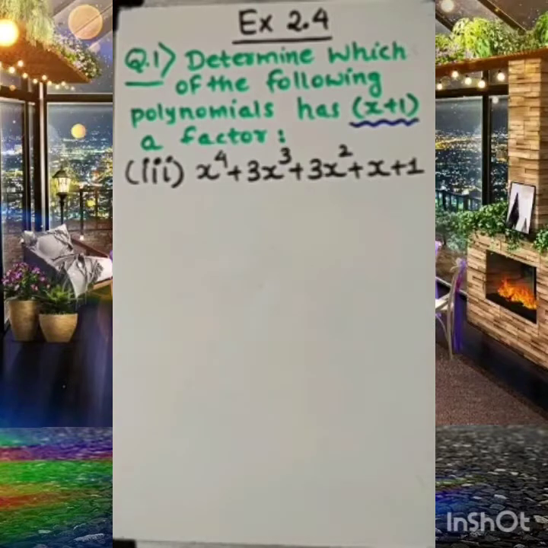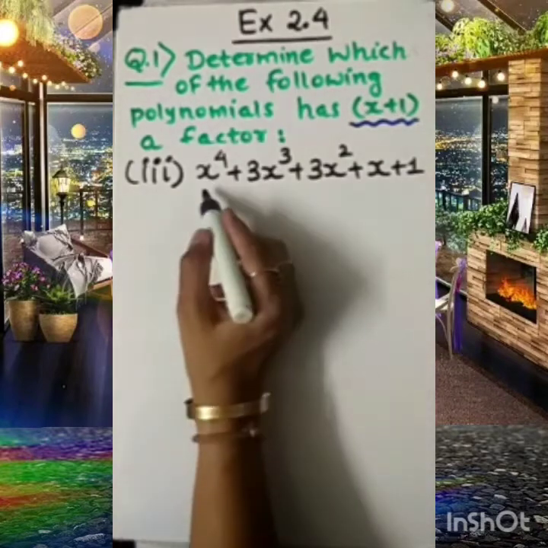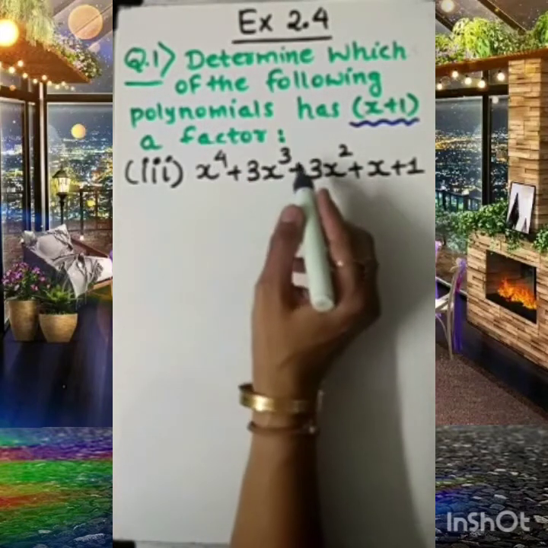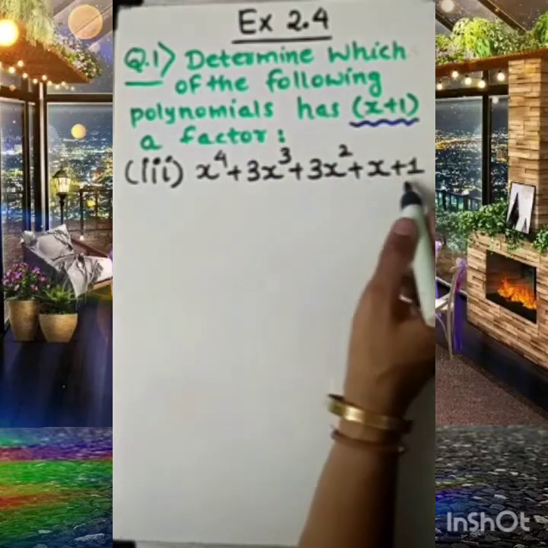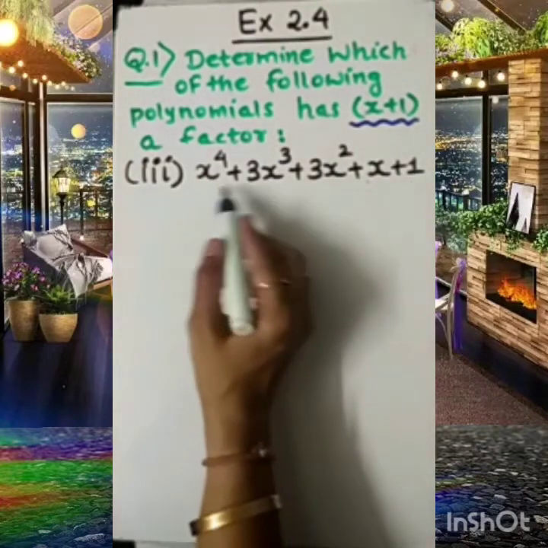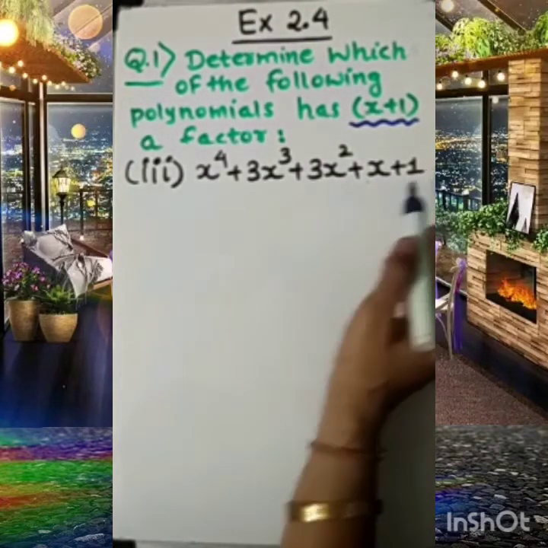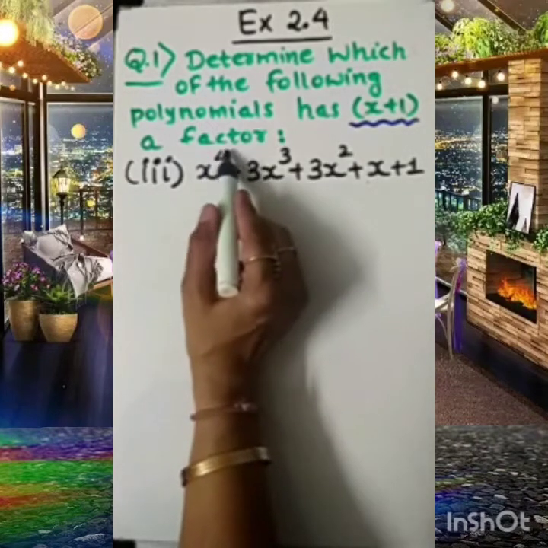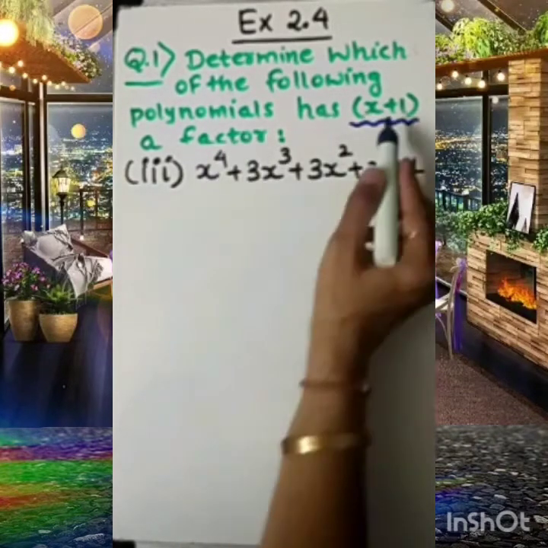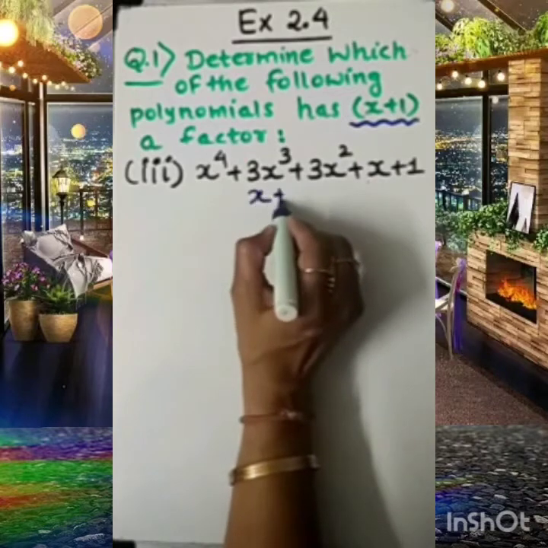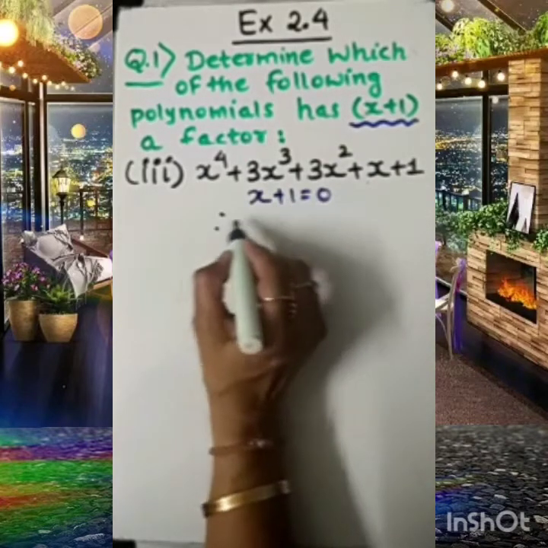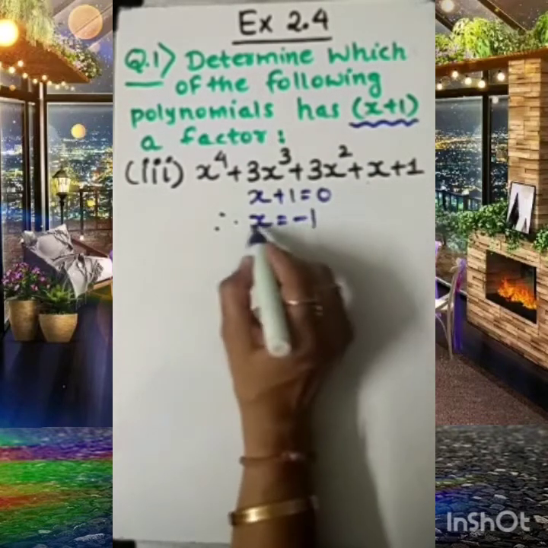So my dear student, now the third question, the same question, is x to the power 4 plus 3x cube plus 3x square plus x plus 1. Here you can see 5 terms are there, and the degree of the polynomial is 4, right? So let's work out here. x plus 1 equal to 0, therefore the value of x is minus 1.